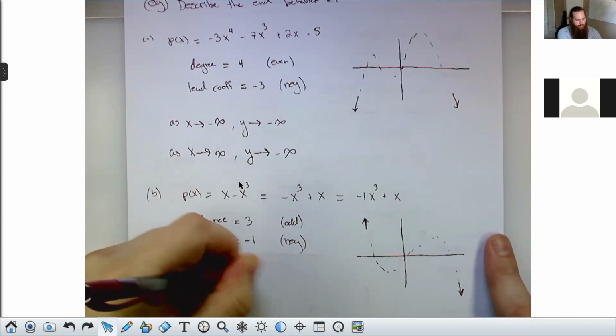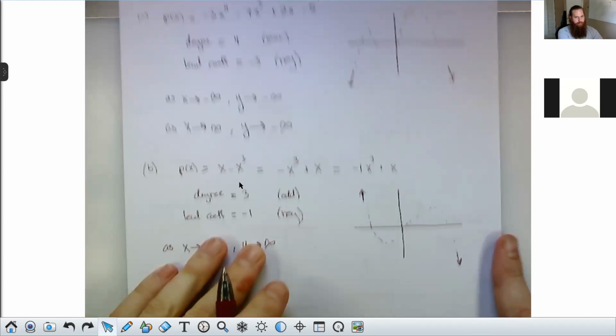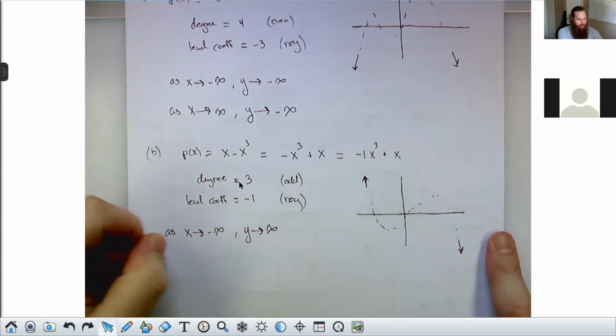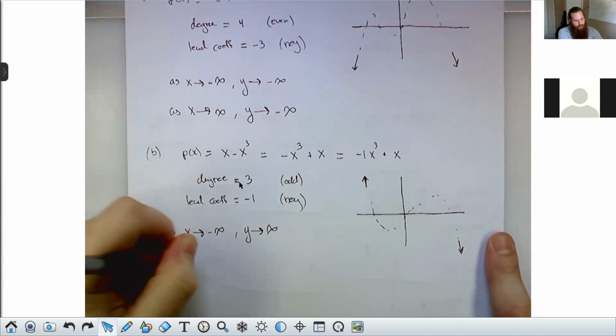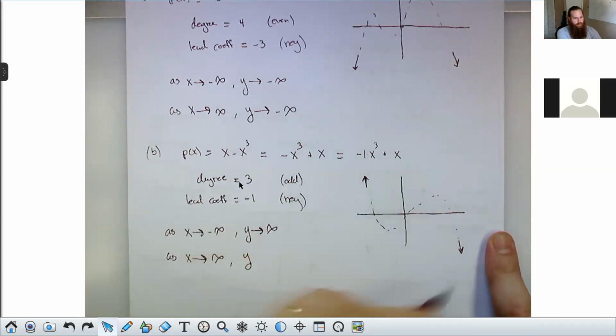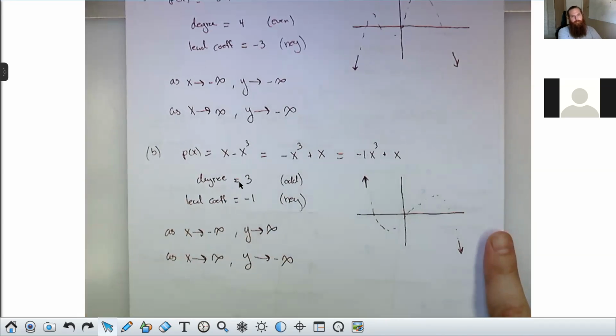So y eventually goes to plus infinity. That's describing the arrow on the left here. And also, as x goes to positive infinity, y in this case goes to negative infinity.